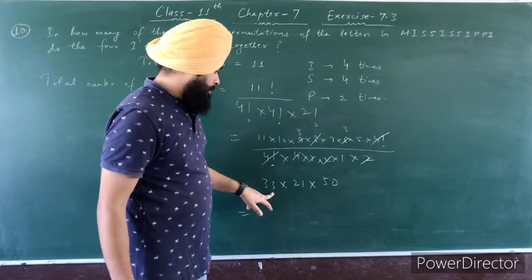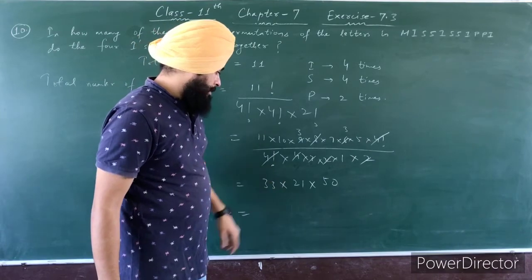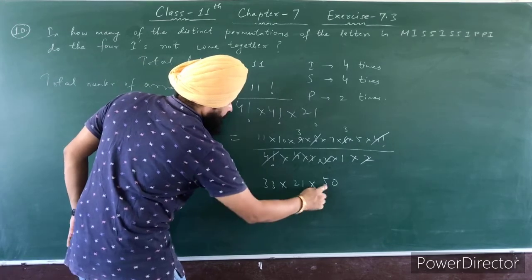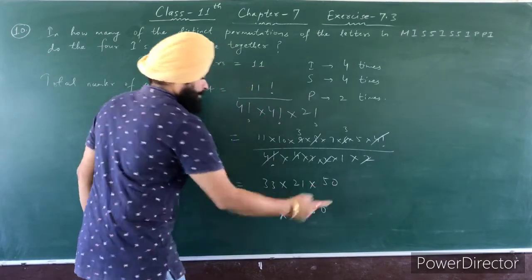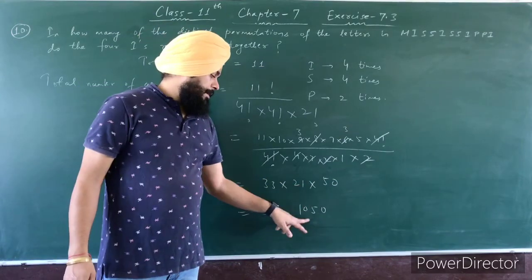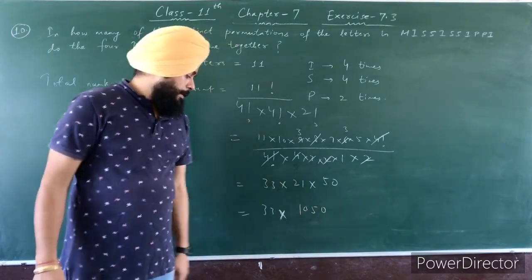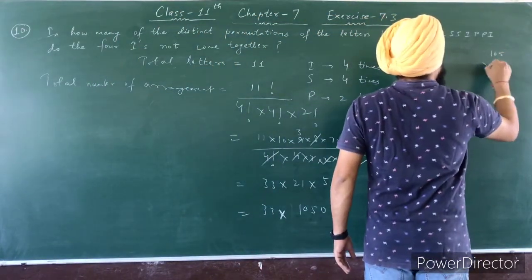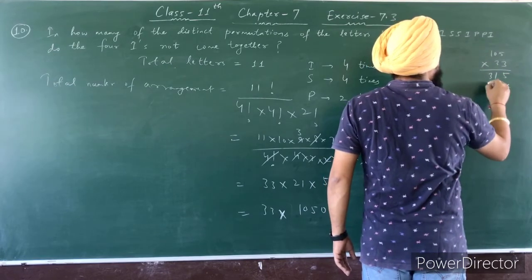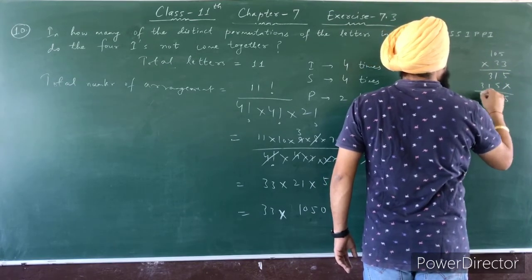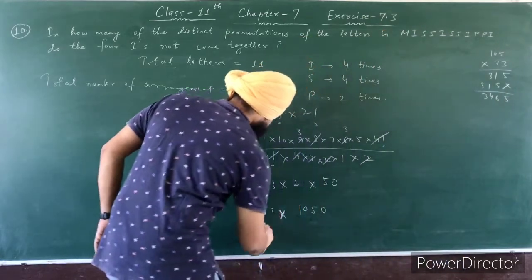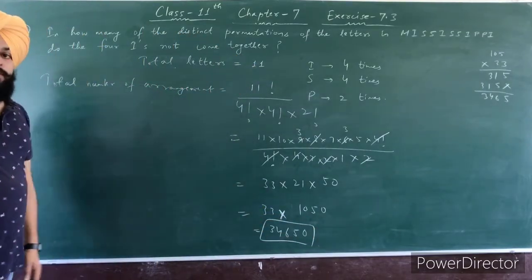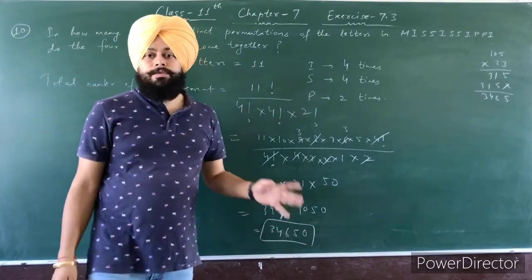Now 33 into 21. First multiply this one. 21 5s are 105 and put 0, which gives 1050. Now 105 multiply 33, that is 3465, so the total number of arrangements is 34,650.